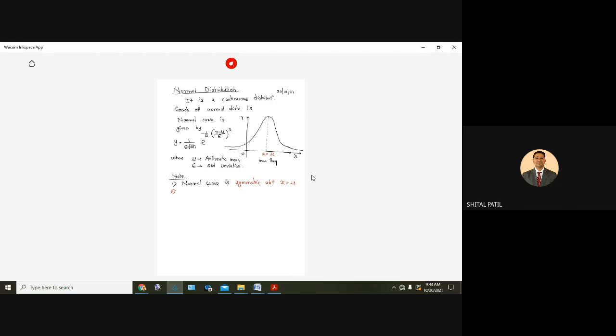Then tell me, what is the maximum probability? 1. So what is the maximum area under the normal curve? The maximum area under the normal curve is 1. How can we write this?